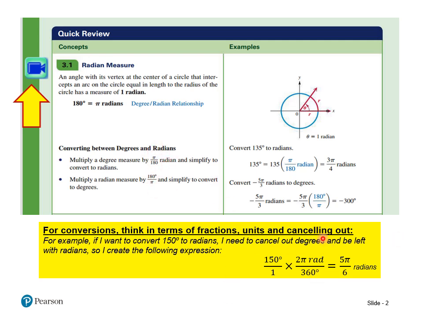This is information that's stuck in my mind. I know that a revolution is 360 degrees, and I know a revolution is 2 pi radians. So it's easier for me to remember this than to say, multiply by pi over 180 or 180 over pi. If I try to remember these formulas, it's easy to pick the wrong ratio, pi over 180 versus 180 over pi.